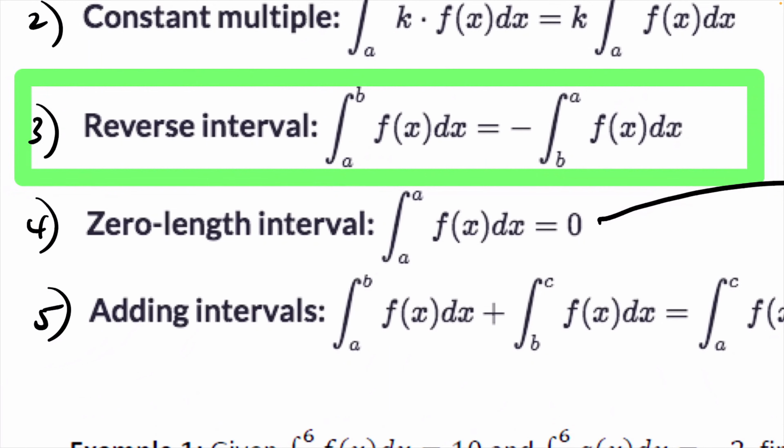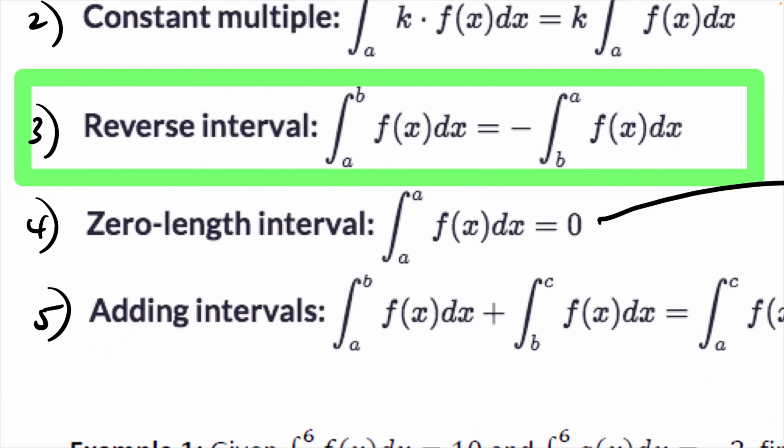I could switch the bounds, but it has to be a -1 in front. You can't go backwards. If we're looking at a graph, we have to start left and move right. Always, always, always. We can't start right and move left. That's going back in time. We can't do that.